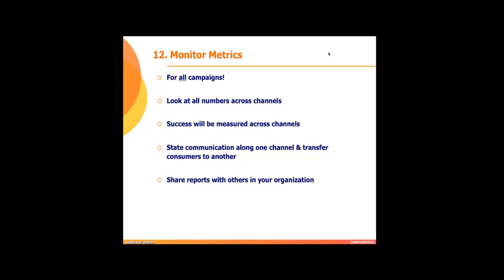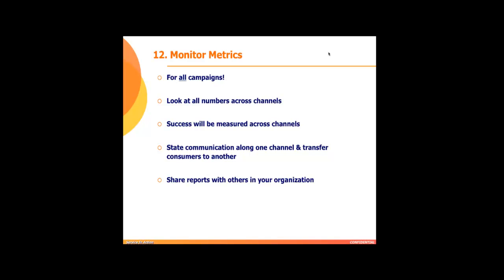I also like to look at my numbers across channels, measuring the success across different channels. And basically what I do is I share these reports on engagement with the rest of my team, because I want recognition from my management, I want their support from my management, but I also want recognition from my peers in order to take the next steps.